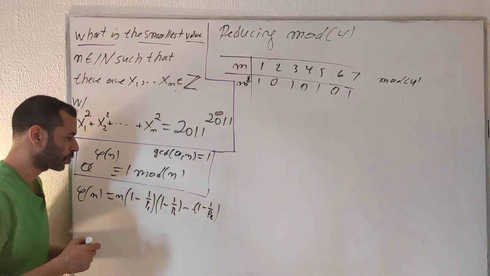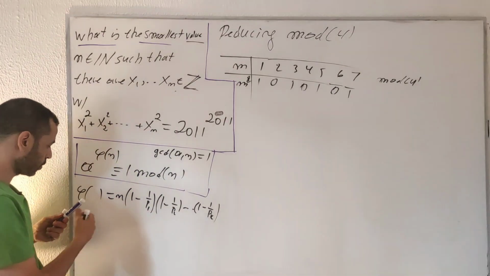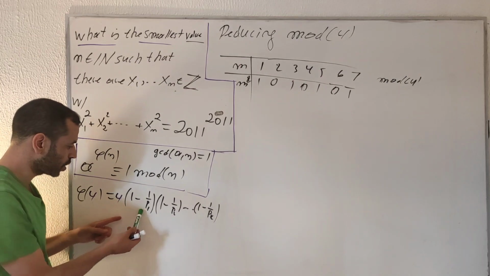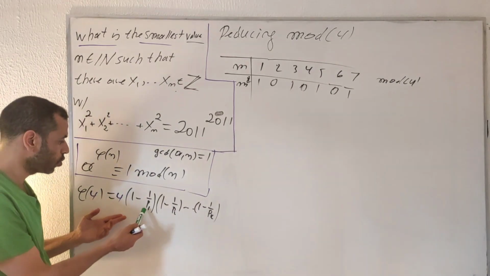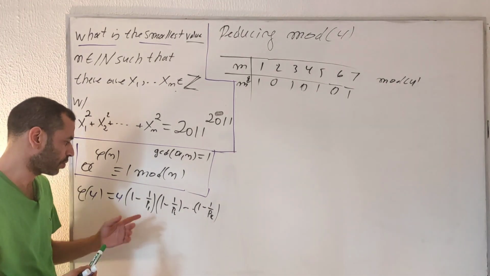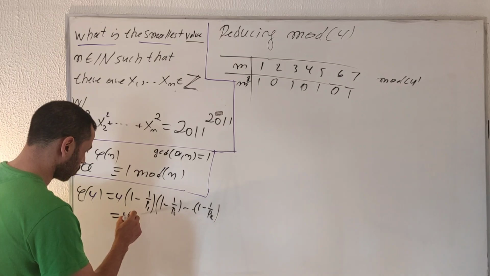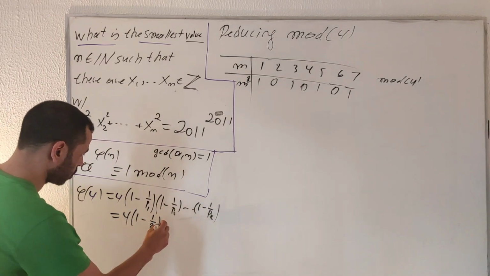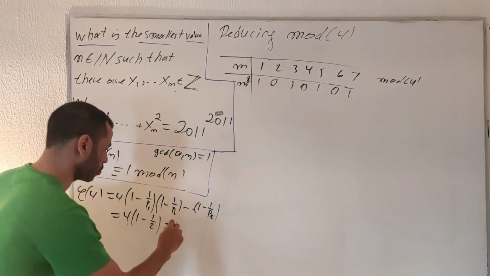Here the primes are those which divide the number 4, and we know only the number 2 is a prime. So we have 4 multiplied by 1 minus 1 over 2, which is a half, multiplied by 4, which is 2.